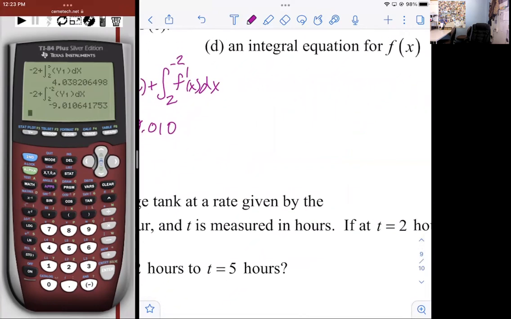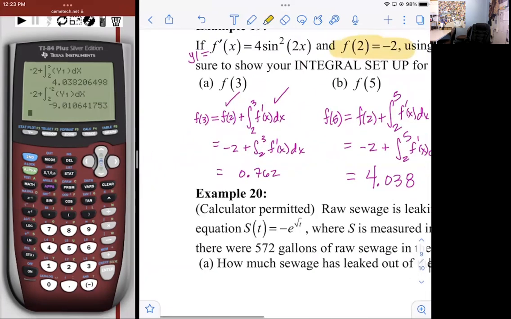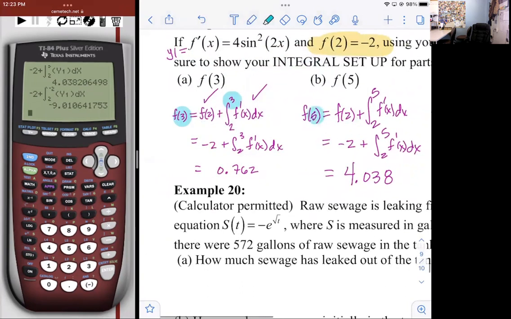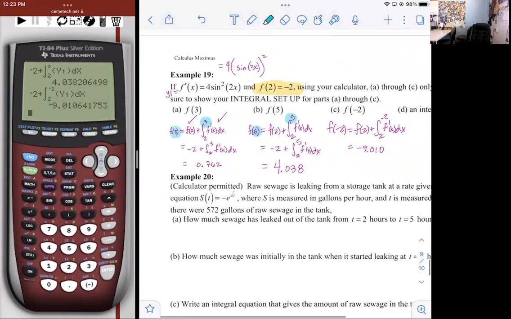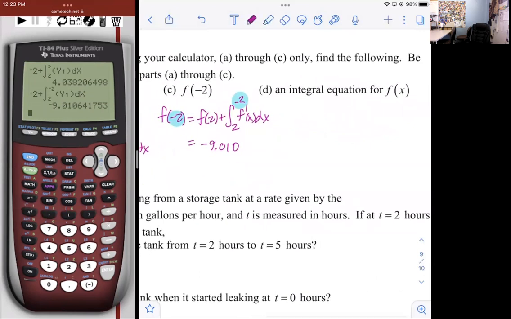Write an integral equation for f now at any value of x. Well, what's changing from one problem to the next? F of 3, the only difference was that was a 3 up there, yeah? For f of 5, the only difference was that was a 5 up there. F of -2, the only change was that was a -2 up there. So in general, what should it be for any x?